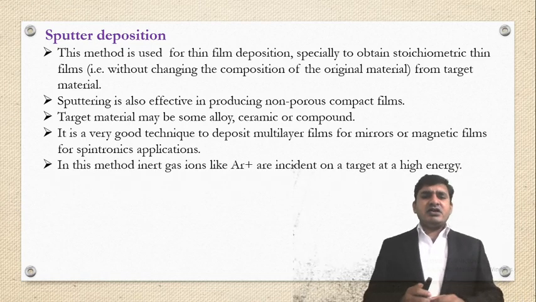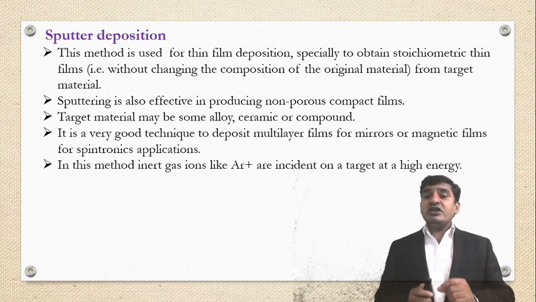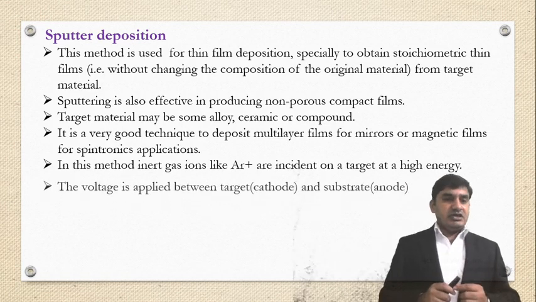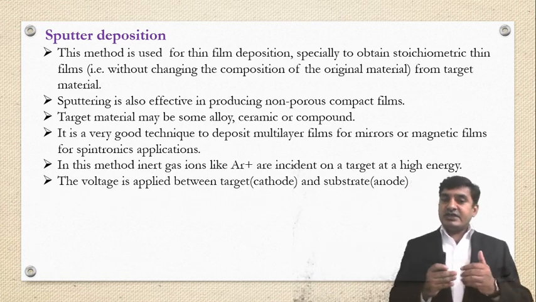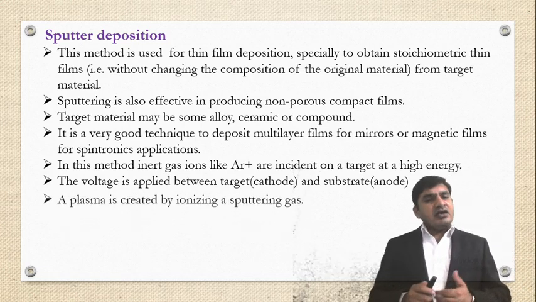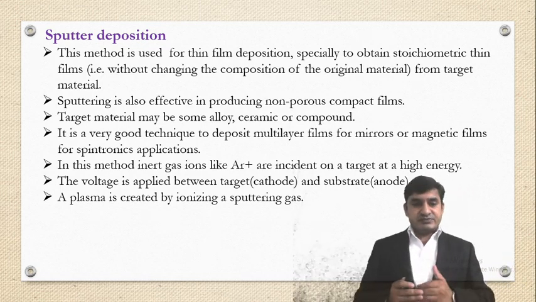In this method, an inert gas like argon is incident on a target at high energy. The voltage is applied between the target, that is the cathode, and the substrate, that is the anode. A plasma is created by ionizing the sputtering gas.